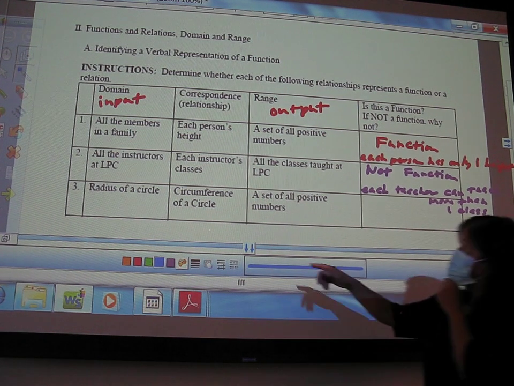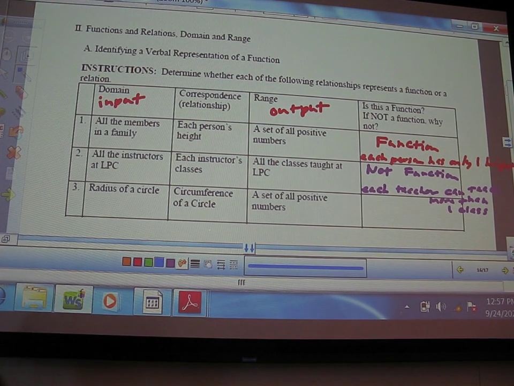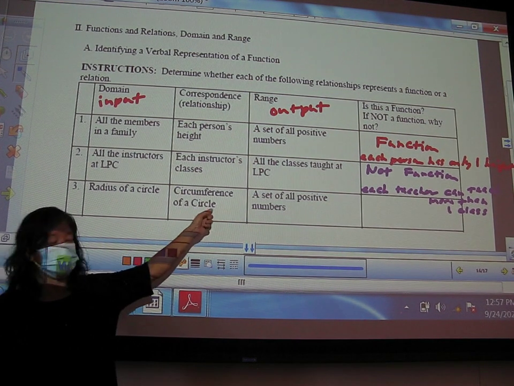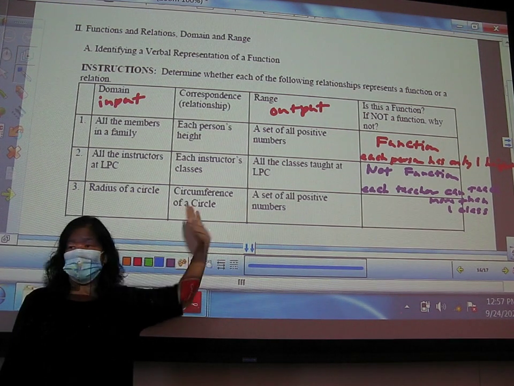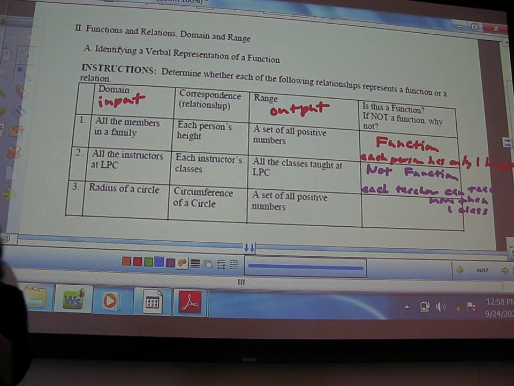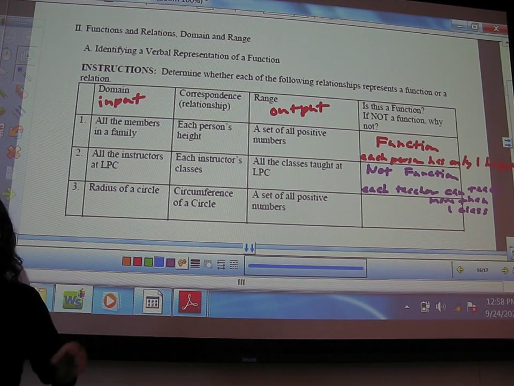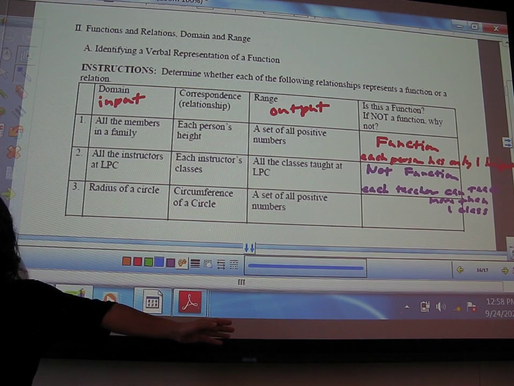Radius of a circle. So if you throw in the radius of a circle, it wants you to find the circumference of that circle. The output could be any positive number. If I throw in a radius of a circle, will there only be one circumference for that radius? Yes.